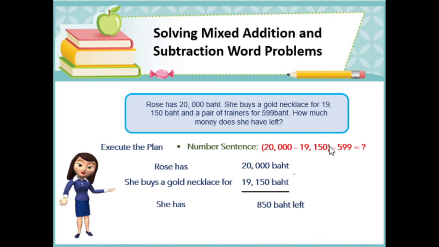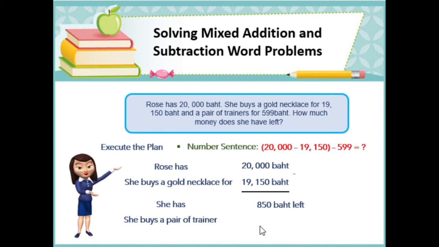As I have said, Rose also bought a pair of trainers, so we subtract it from 850. She buys a pair of trainers for 599 baht. What will we do? Again, we will subtract.